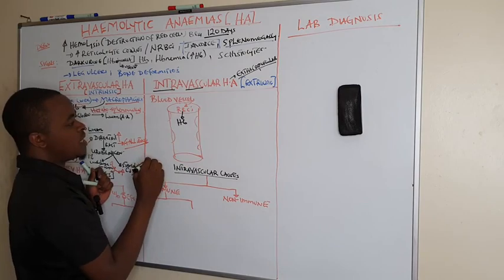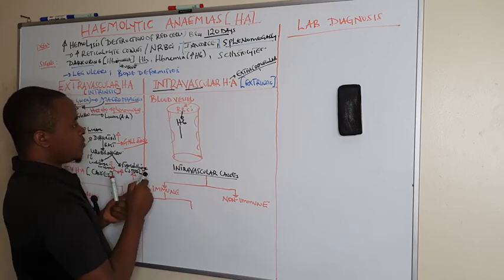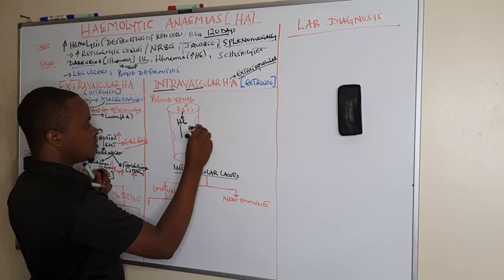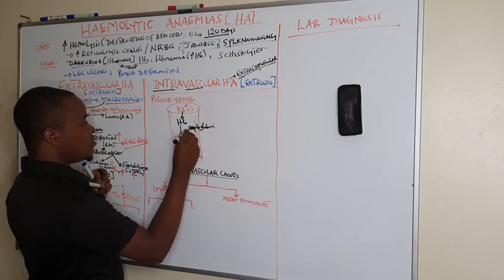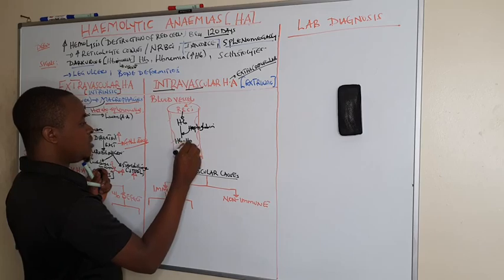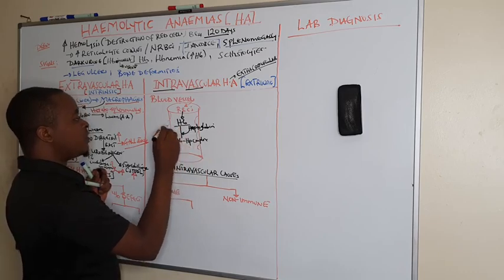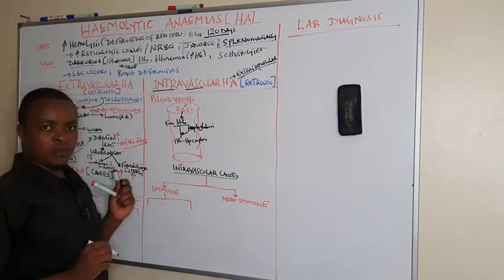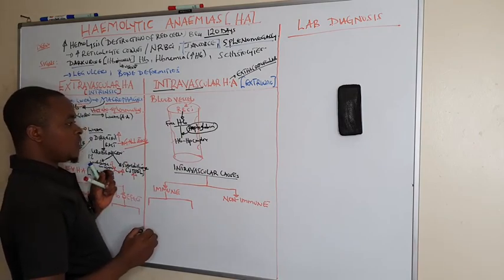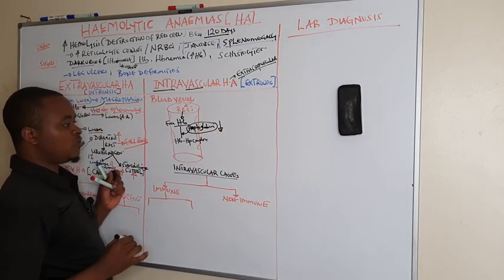And when hemoglobin is released, in the blood we have a component known as haptoglobin. We shall see hemoglobin combining with haptoglobin to form hemoglobin-haptoglobin complex. So meaning the more we produce free hemoglobin in blood vessels, the more we use haptoglobin. And this will lead to reduced levels of haptoglobin in blood circulation.